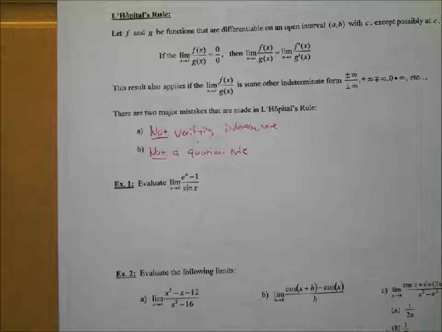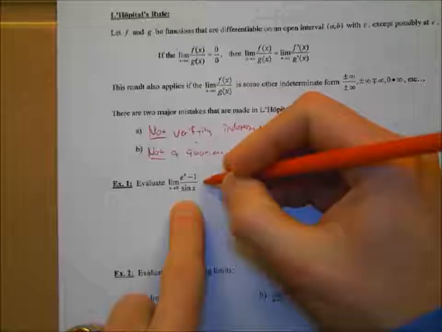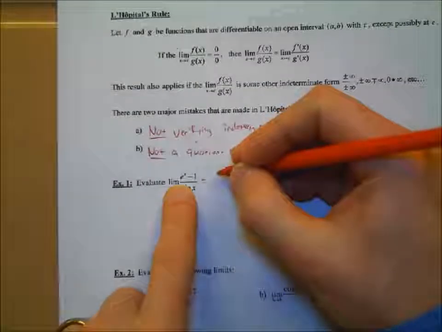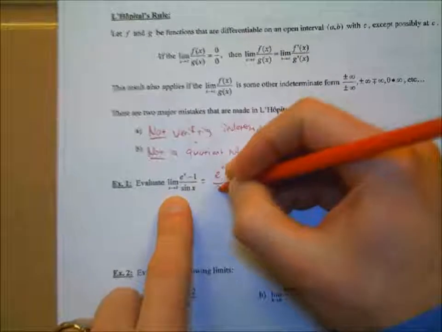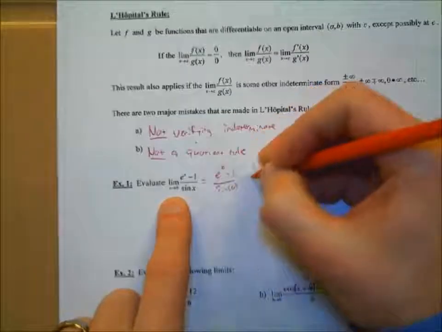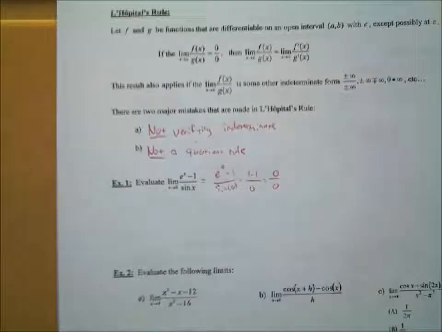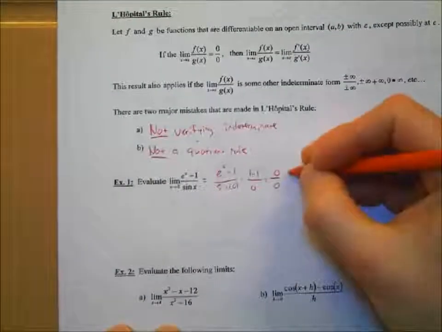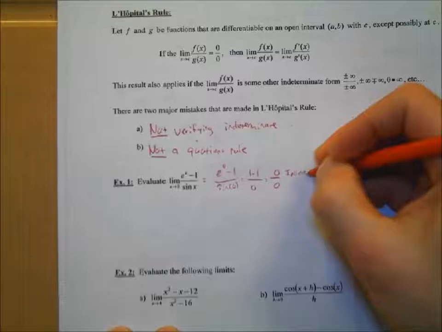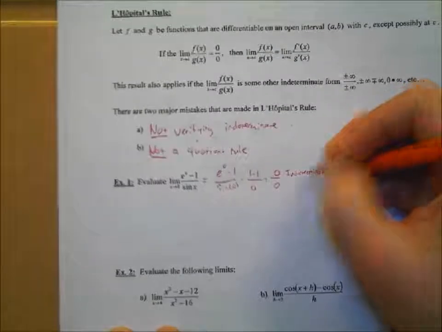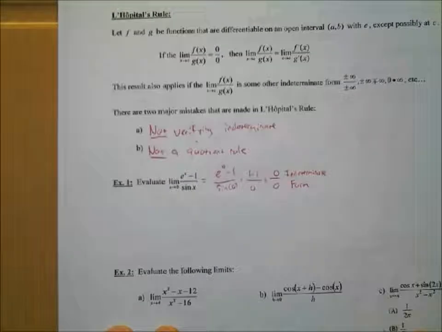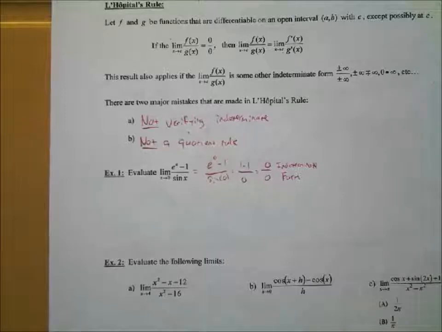With that in mind, let's look back at that problem we just did on our graphing calculators, a problem that we could not have done prior to this point without them. If we plug in 0 using direct substitution, we end up with e to the 0 minus 1 over sine of 0, which is 1 minus 1 over 0, which is 0 over 0.